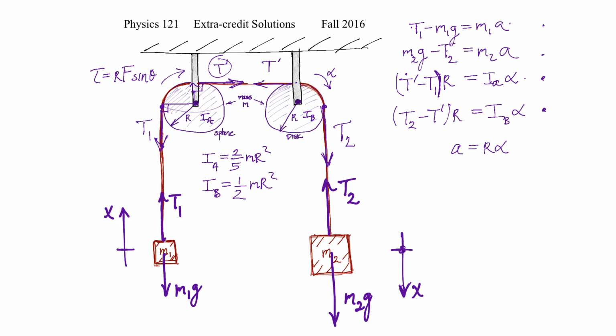Okay, so now I'm going to use this equation to eliminate the alpha in each of the above two equations, and now I'll replace it with A over R. All right, so now I'm going to rewrite those 4 equations, and when I do, I'm going to take these bottom 2 equations here, and I'm going to also divide each of those bottom 2 equations by R. When I replace alpha here with A over R, and then I divide by R here, then I will get an IB over R squared in the bottom term and an IA over R squared in the third equation.